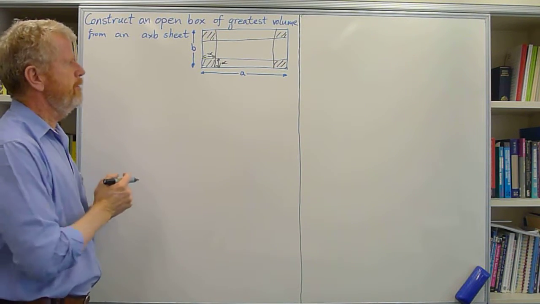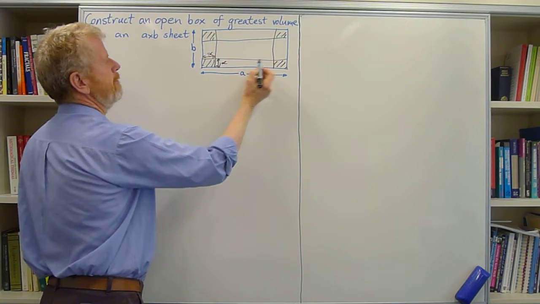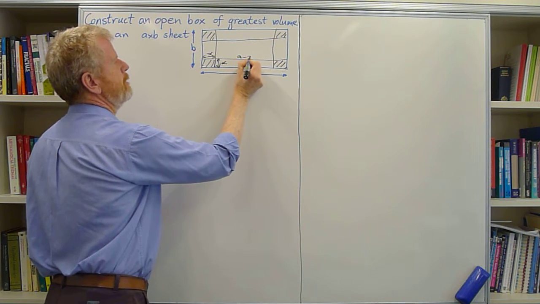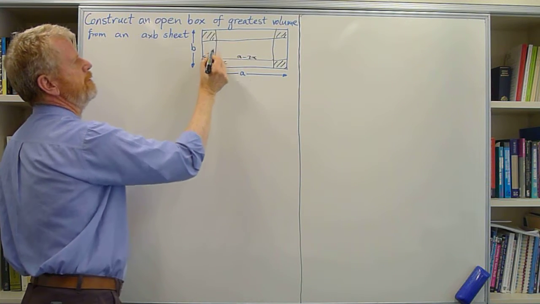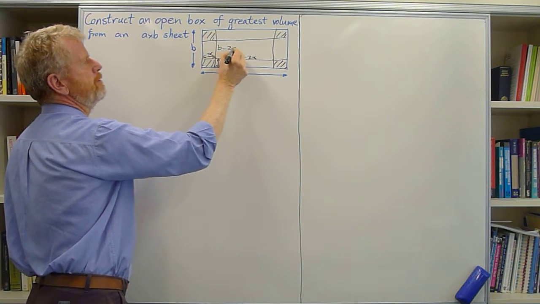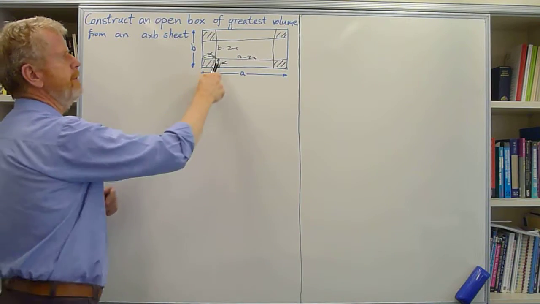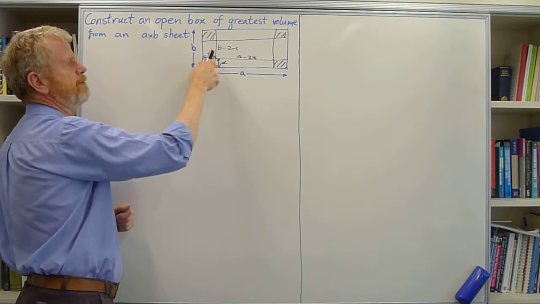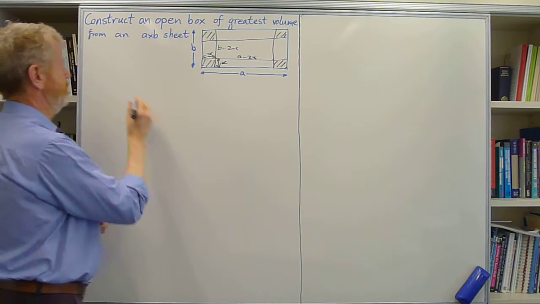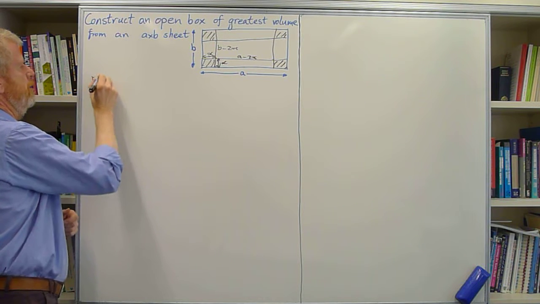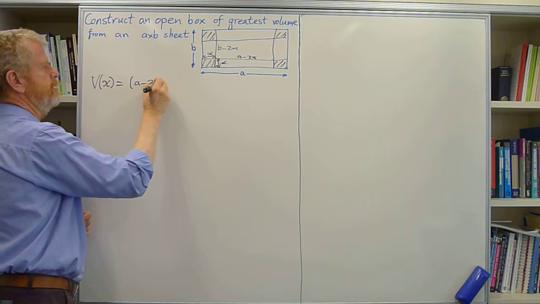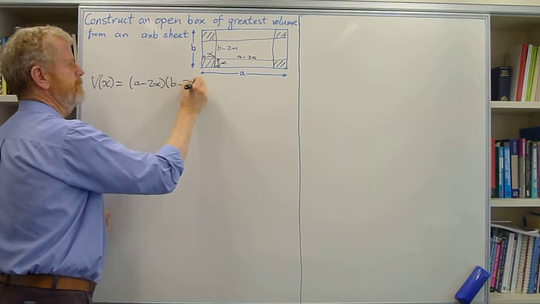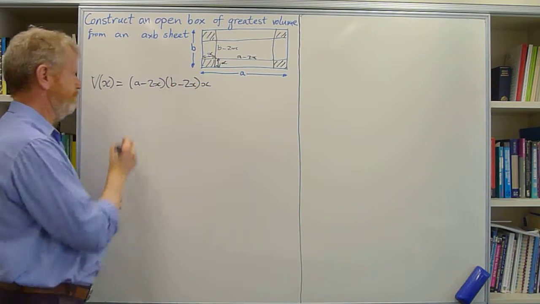Then the volume will be the base area, which is A minus 2x from there to there, times this distance, which is B minus 2x, and then the volume is that times the height, which will be x. So the thing we want to maximise is (A minus 2x)(B minus 2x) times x.